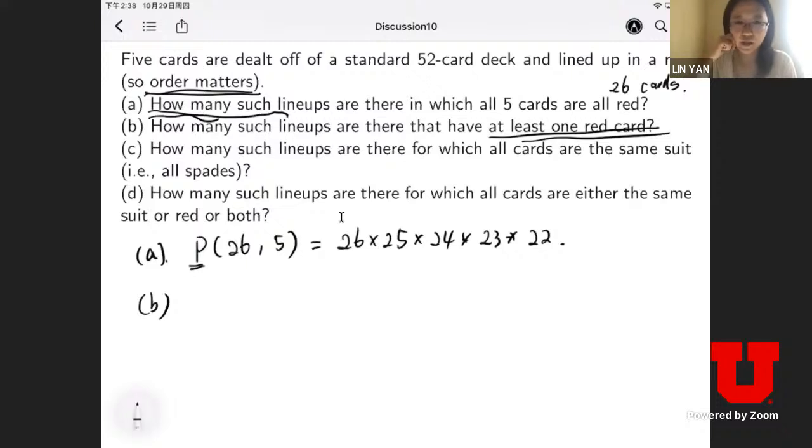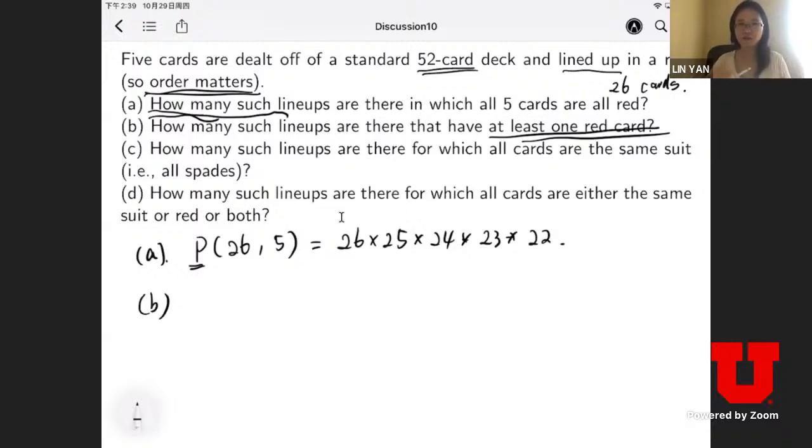Elizabeth said 52 to the power of 5 minus P(26, 5). Let me clarify: if you line up a row and pick one card from the cards, you will not put it back.